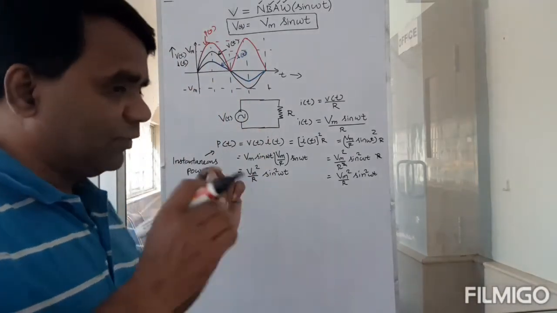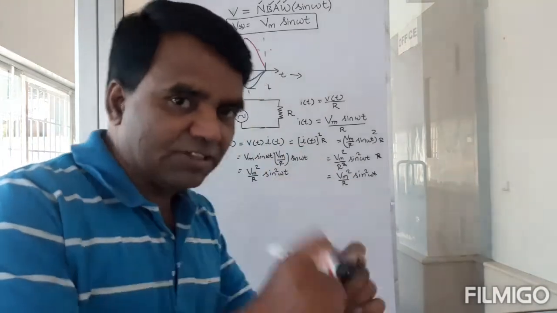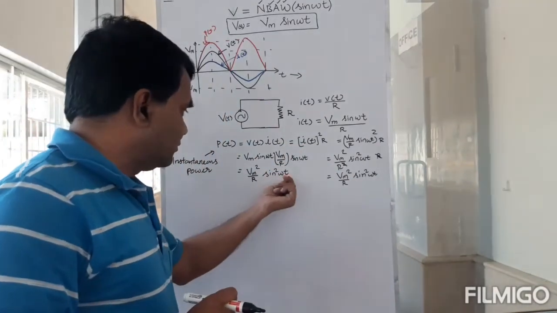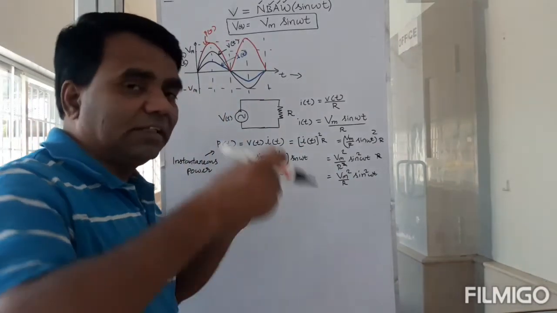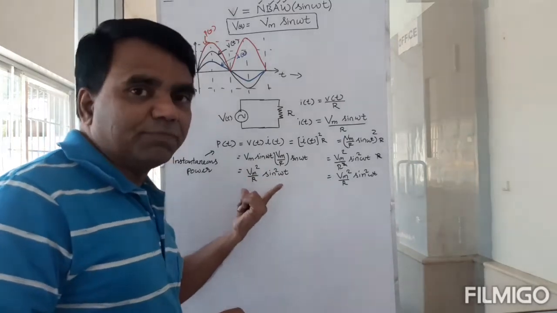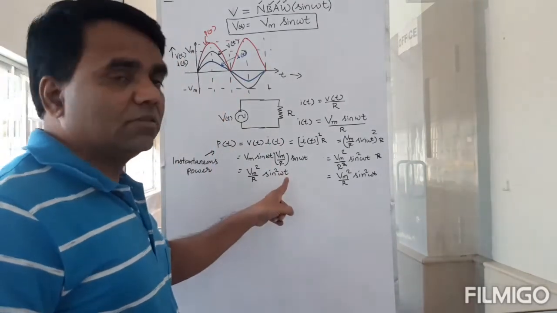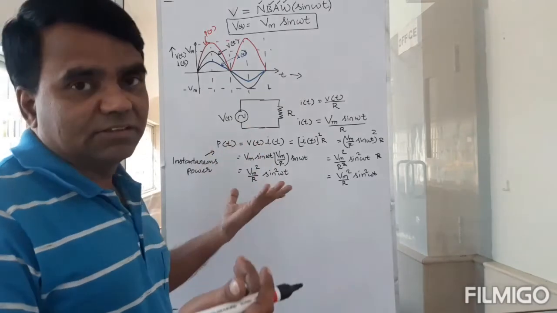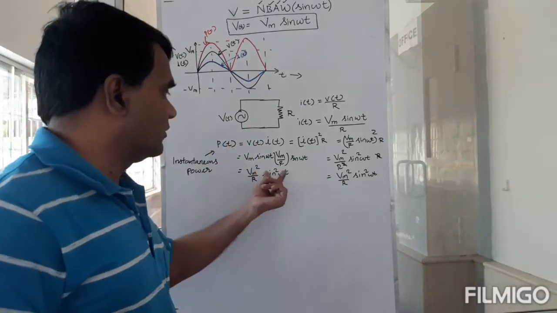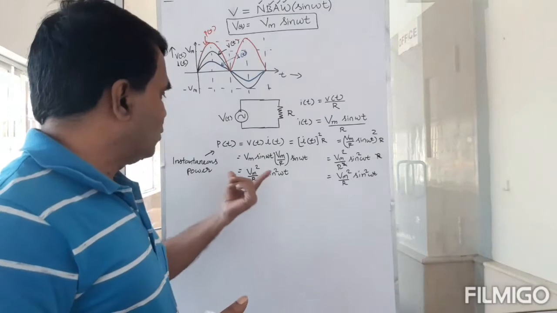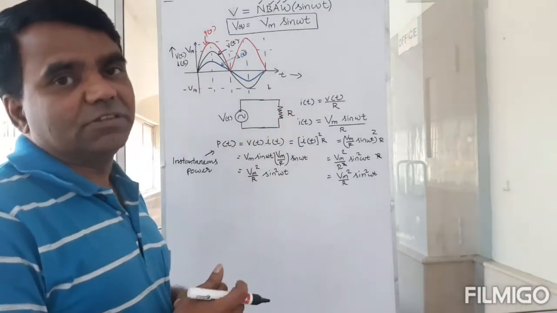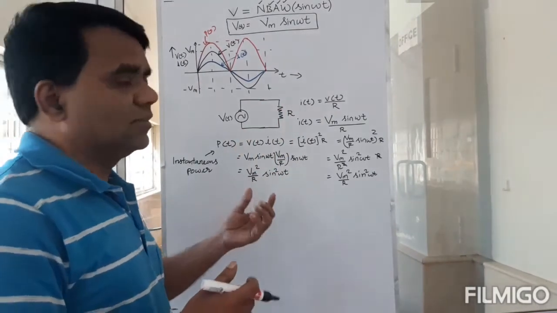If I want to find the power at a particular instant, then I need to plug in the time here. Then I get the power at that particular instant. When time is, say, 2 seconds, or 3 seconds, or 0.1 second. At 0.1 second, what was the power consumed in this circuit? At 2 seconds, what's the power consumed?